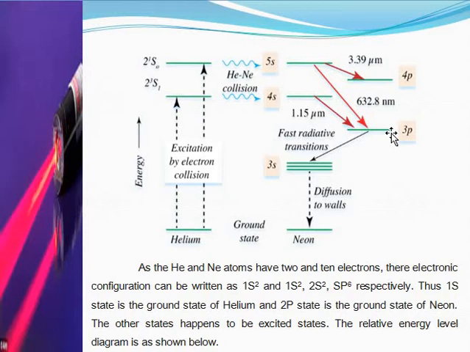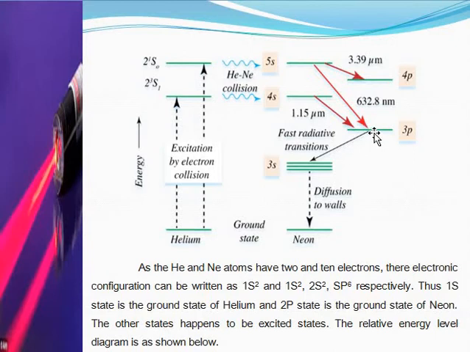The transition of neon atoms from the 5s metastable state to the 3p state results in the emission of red colored laser with a wavelength of 6328 angstrom or 632.8 nanometer.